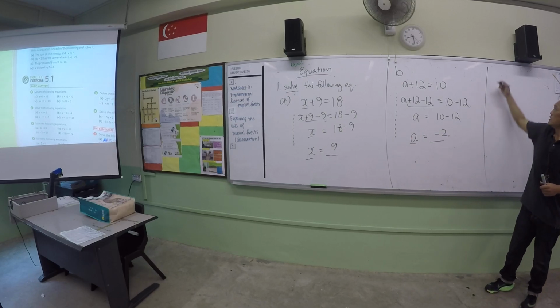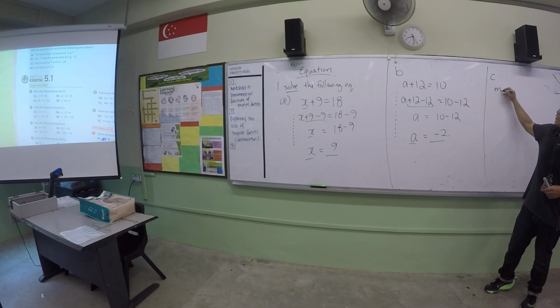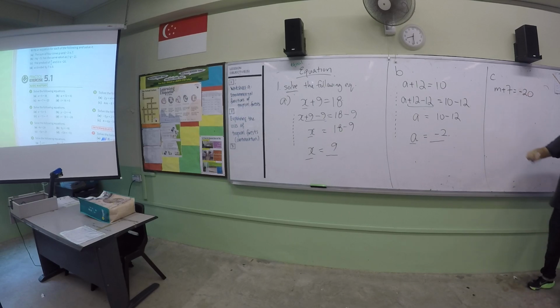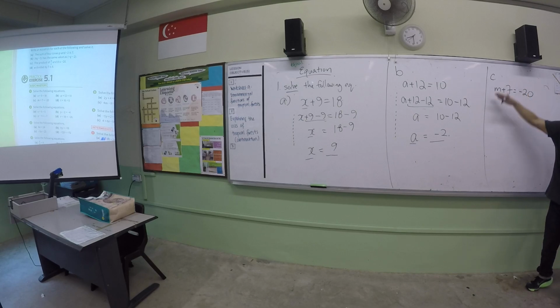Okay? C. M plus 7 equals negative 20. Again, it may not be easy to see what must be M so that M plus 7 is negative 20.